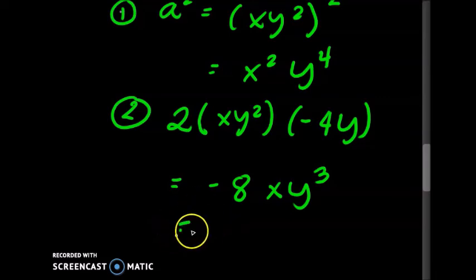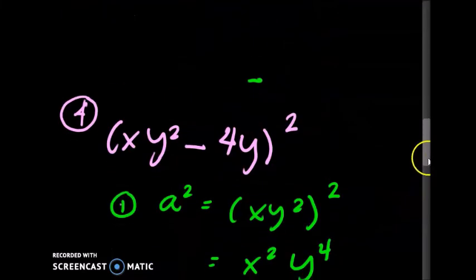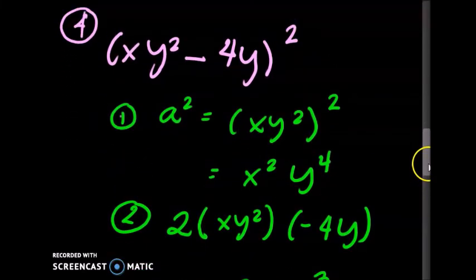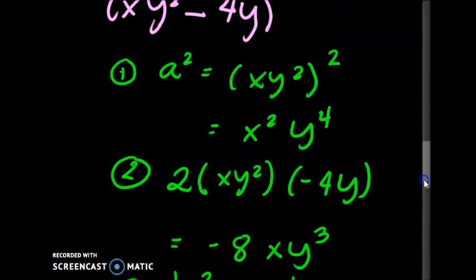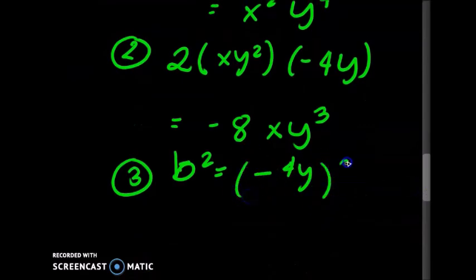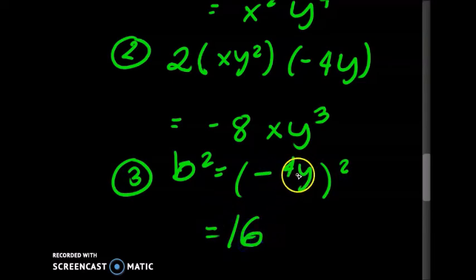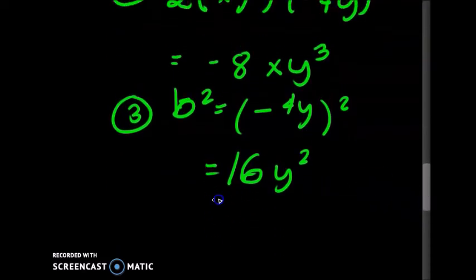Next, that's our second term or middle term. Let's have our last term, which is the square of the second term, negative 4y. So if we square negative 4y, we will get positive 16, because negative 4 times negative 4 is positive 16. y times y is positive y squared.